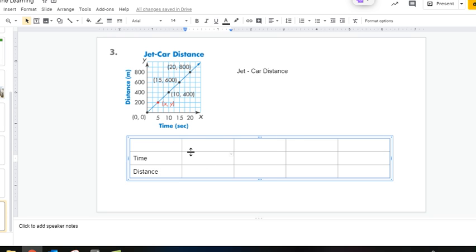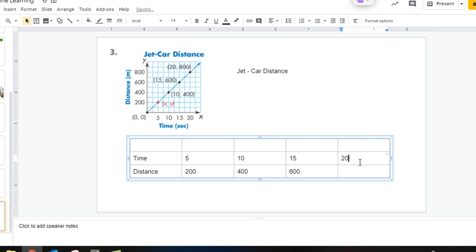The jet car distance title would have been up here. Anyway, the very first point would be 5, and the distance would be 200. So this jet car at 5 seconds travels 200 miles. Holy moly, that's going super fast. At 10 seconds, it has traveled 400 miles. At 15 seconds, 600 miles.